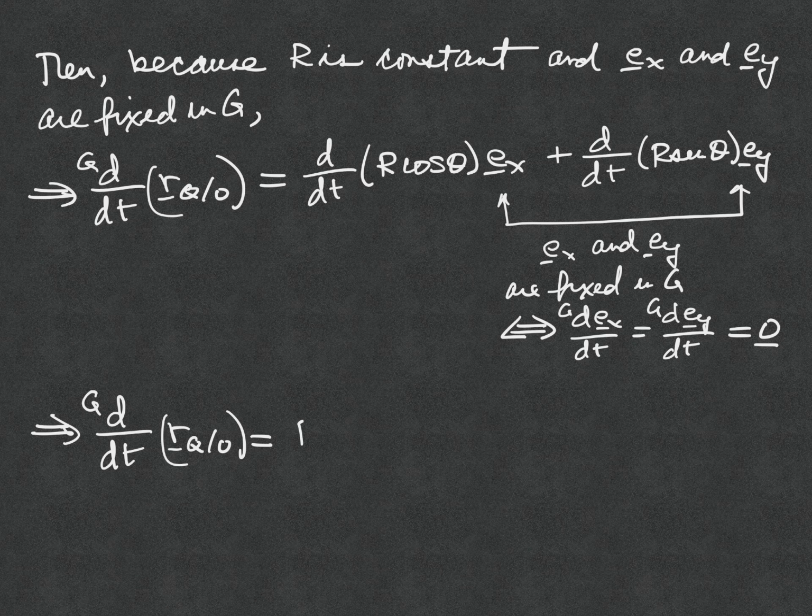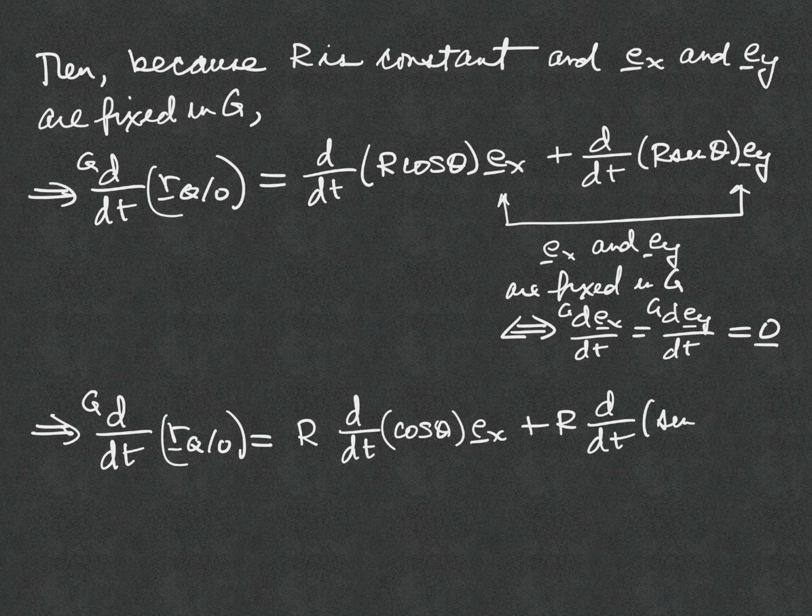So I just get R times d/dt of cosine of theta times EX plus R times d/dt of sine of theta times EY, which is equal to R. Now I have to be careful because I'm taking the derivative with respect to time.